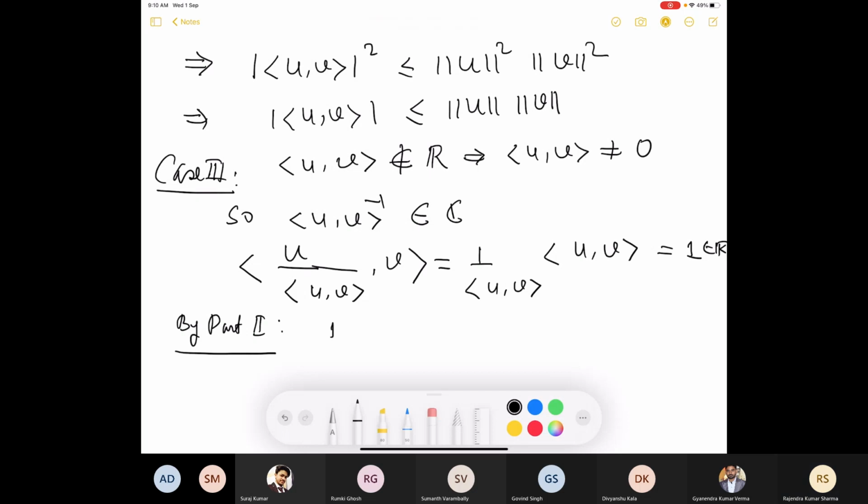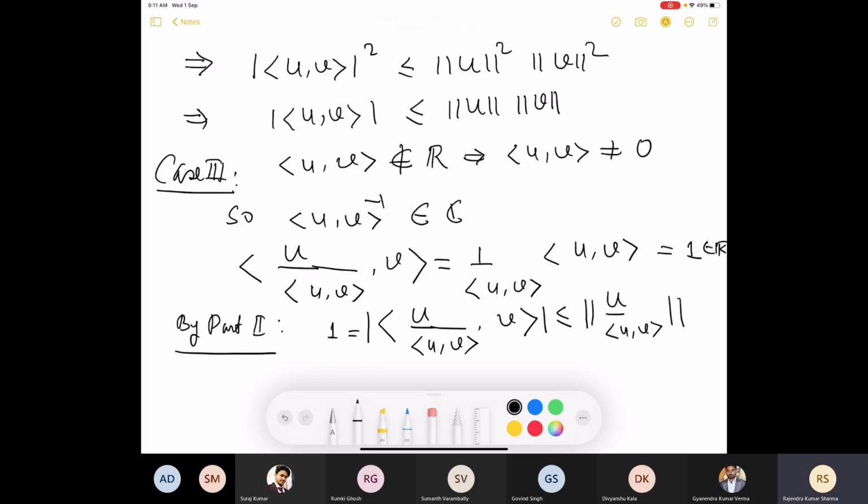This 1, which is the inner product of alpha u and v, has absolute value 1, and it is less or equal to the product of their norms. So this is the norm of u by (u, v) times norm of v.